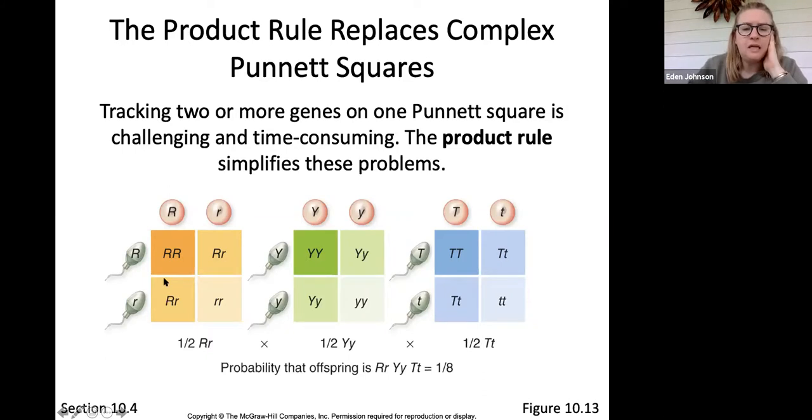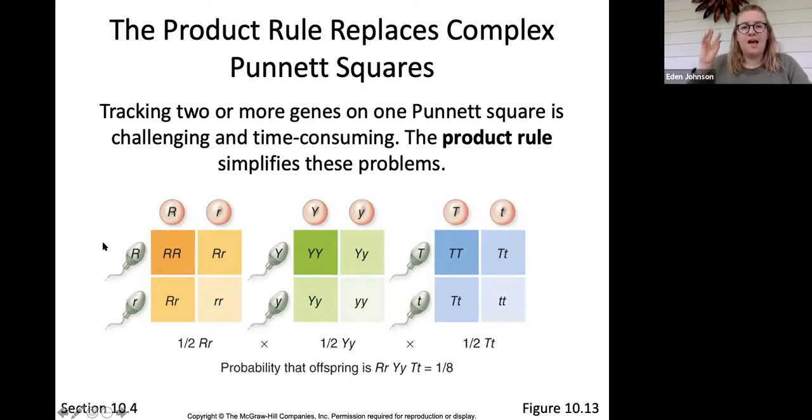So let's say that you have 2 parents that are heterozygous. Both of your parents are heterozygous for genes R, Y, and T. Your mother is heterozygous for R, heterozygous for Y, heterozygous for T. Your dad is the same thing. The sperm right here, heterozygous for R, het for Y, het for T. That's what we call it. Geneticists say het or homo.